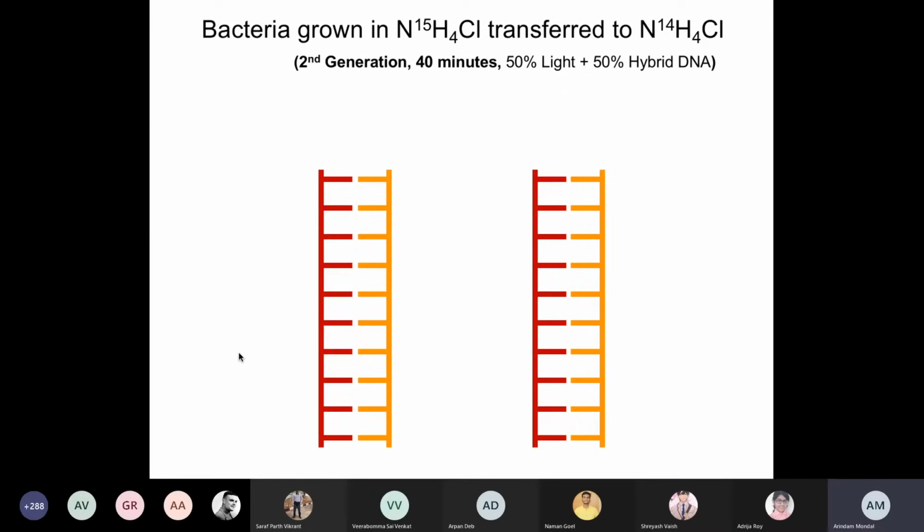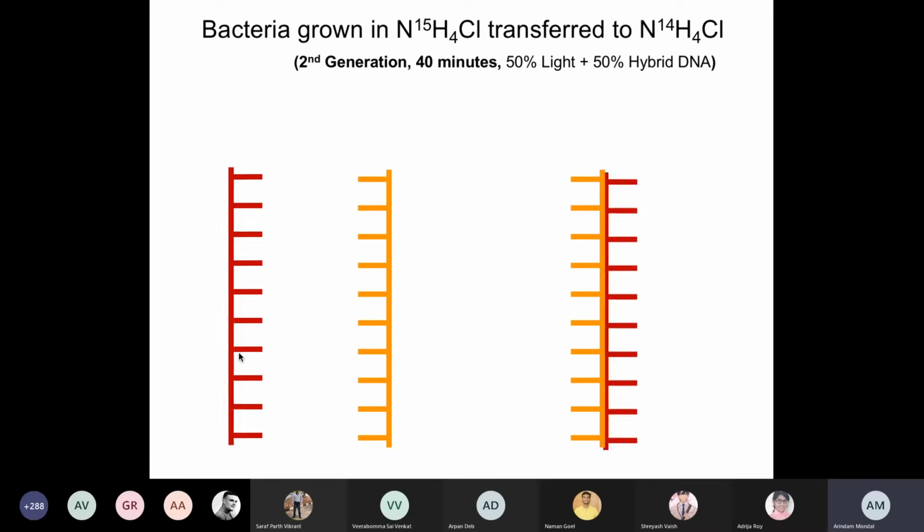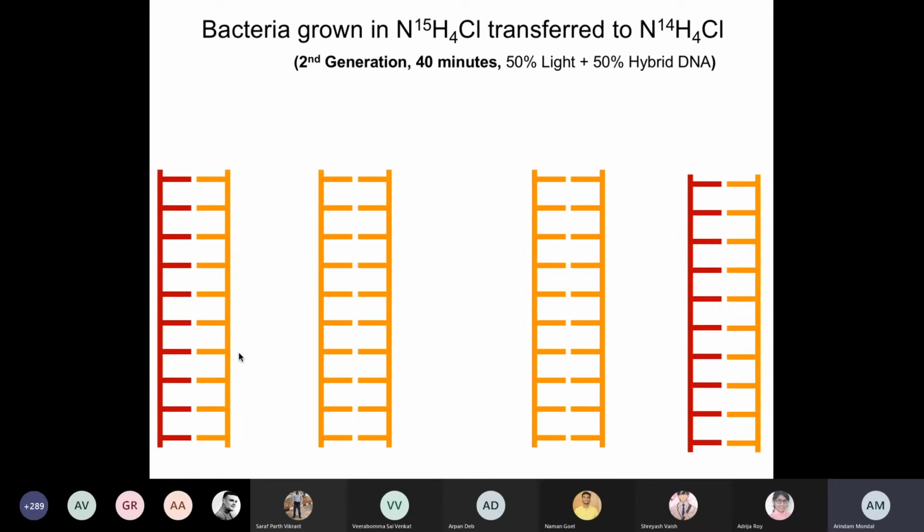So at the end of the second generation, what you will be seeing is this, right? Where you have 50% of the DNA molecules which are hybrid and 50% of the DNA molecules which are light.